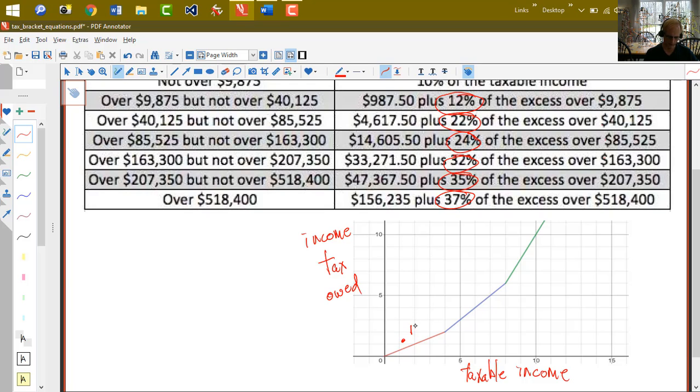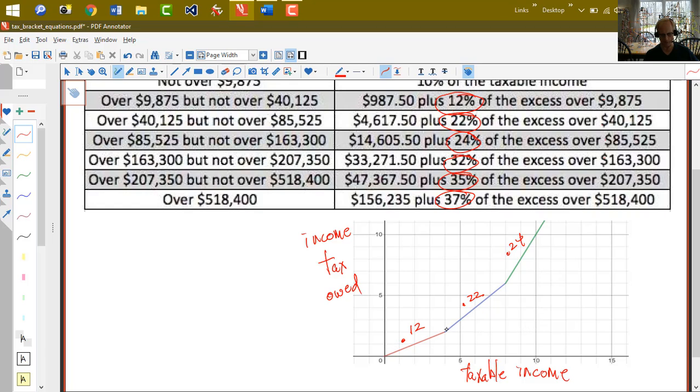So that means the first line segment is going to have a slope of 10%. The second line segment, 0.12, then 0.22, then 0.24. As your taxable income increases, you're paying a greater percentage of your income as the income tax owed. Since the percentages increase as you go along, the slope is increasing as you go from left to right on the x-axis.